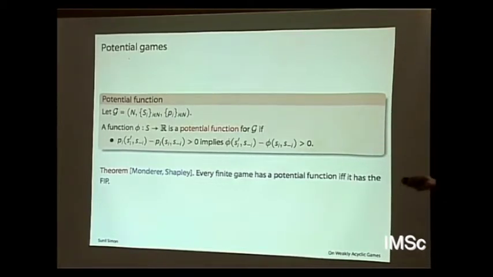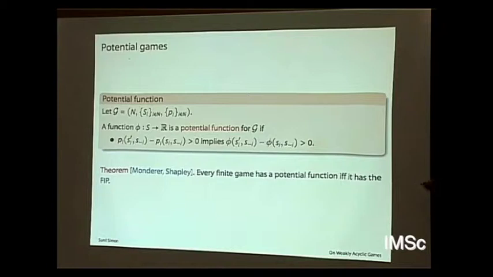Okay, this is probably not very surprising because we said that if a game has the finite improvement property, you can do local search and find the equilibrium, right? So how do you show that a game has the local search property? Any problem with a local search property, you have to define a progress measure, right? And this function is essentially the progress measure.